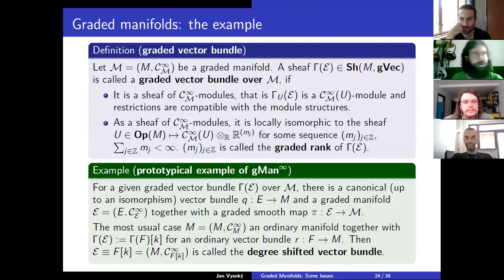They usually call it not just the Batchelor theorem, but the Serre-Swan theorem, because it uses the Serre-Swan theorem, saying that every projective finitely generated module over functions is in fact a vector bundle. I am not sure about the adjectives, but it's called the Serre-Swan theorem, and they call it just the Serre-Swan theorem for graded manifolds.